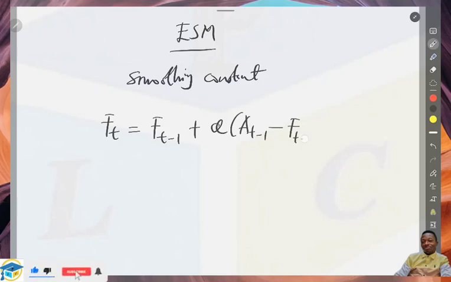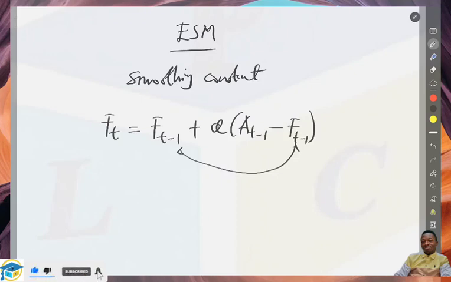So we have t minus 1. Always this forecast value must be equal to this bracket. So the forecast for the immediate past period is compared to the actual value for the immediate past period, you place a smoothing constant on it, you add it to this, and you get the forecast for the coming period. So let's take note of that.